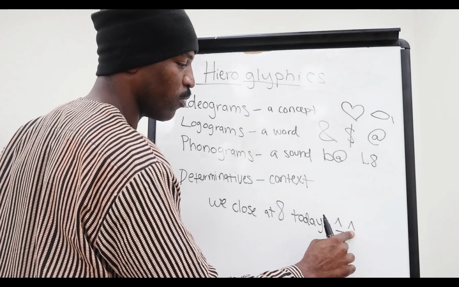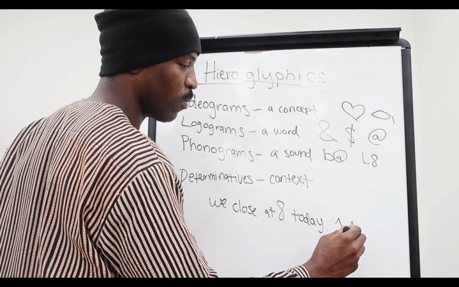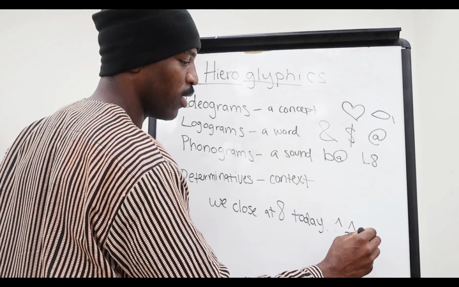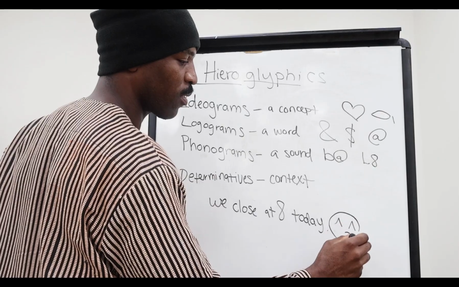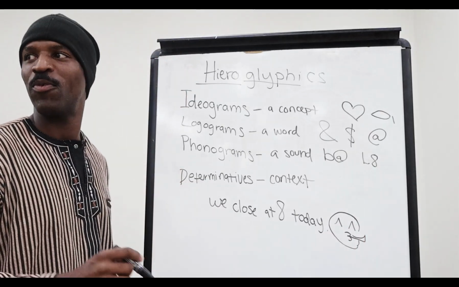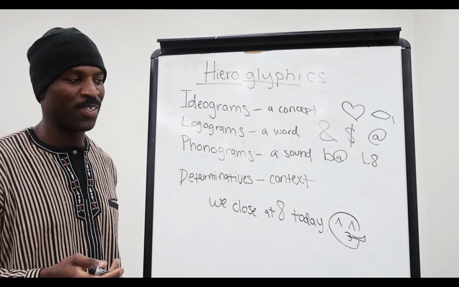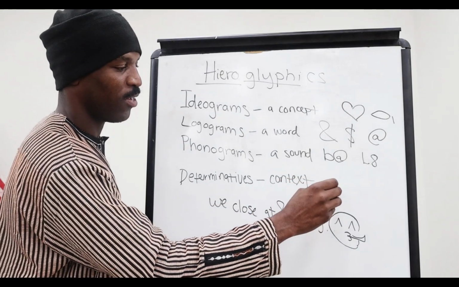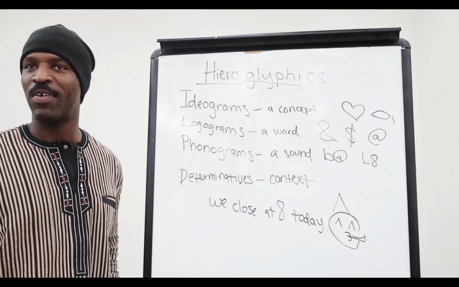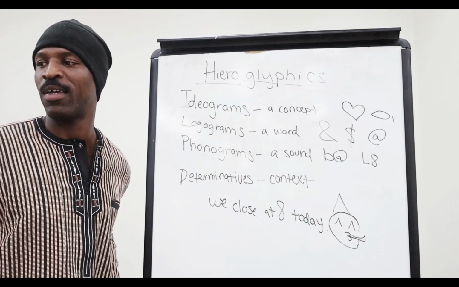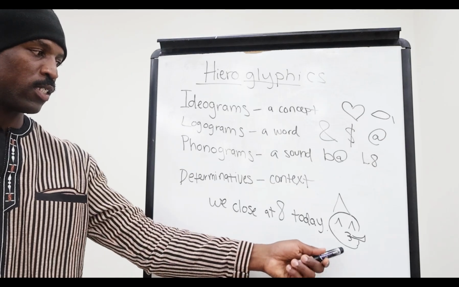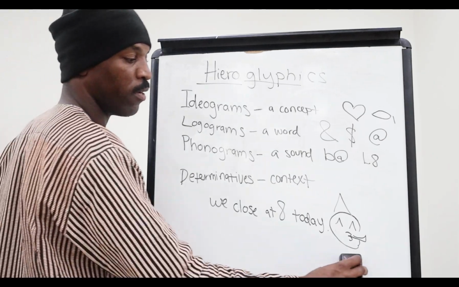I like the one when they go like this. And she's blowing that little thing. You ever seen that party emoji where they're blowing the little rollout thing? And it's got a little birthday hat on. If I say we close at 8 today, that's a happy sentence, doesn't it seem like, right? So the happy face at the end would be the determinative.